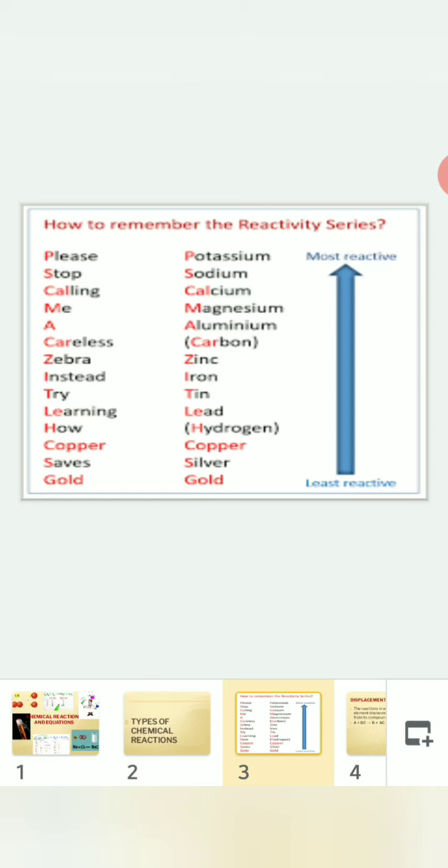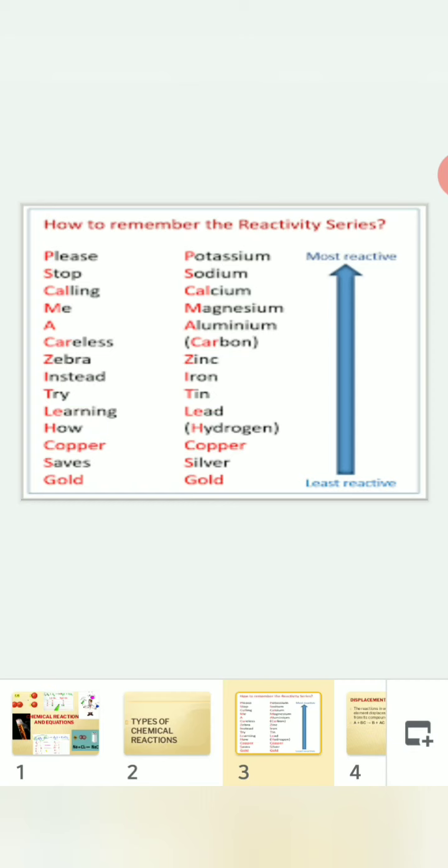Here there is an easy way to remember reactivity series. For example, you have: Please, to remember potassium; stop, sodium; calling, calcium; me, magnesium; a, aluminium; careless, carbon; zebra, zinc; instead, iron; try, tin; learning, lead; how, hydrogen; copper, copper; saves, silver; then gold.